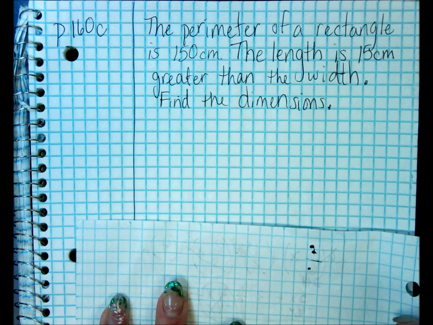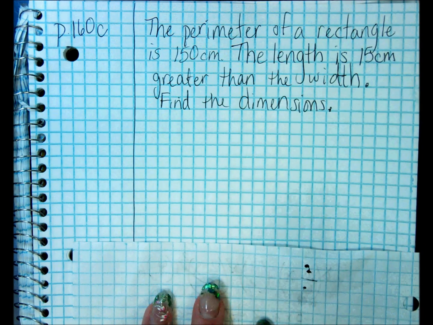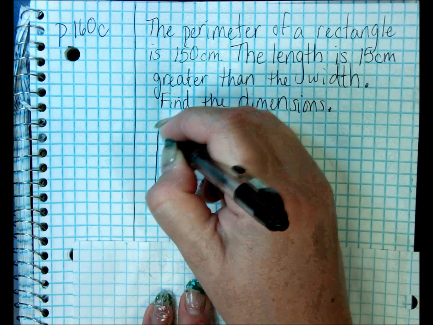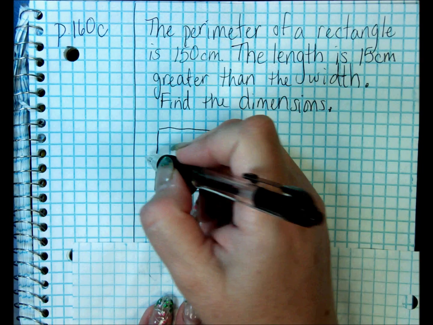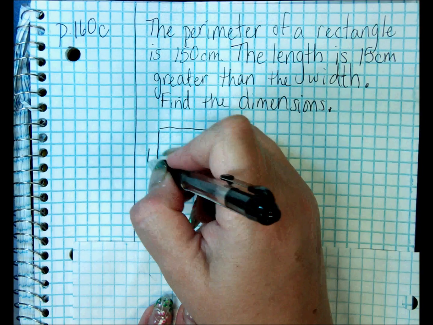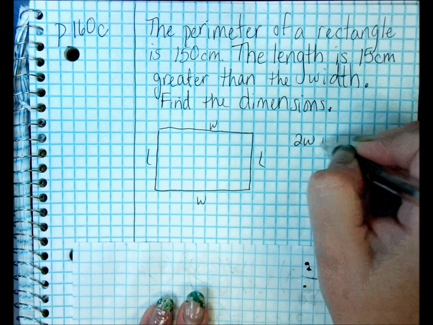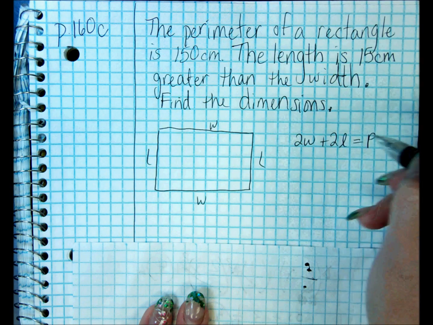The perimeter of a rectangle is 150 centimeters. I'm very visual, so I'm going to draw this. When I find a perimeter, this is the length and the width, and I know I need 2 W's plus 2 L's to equal the perimeter.